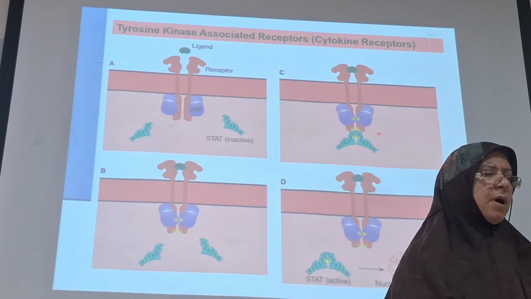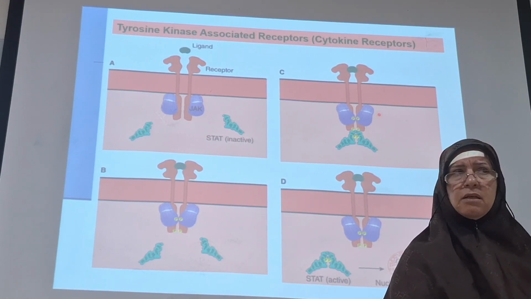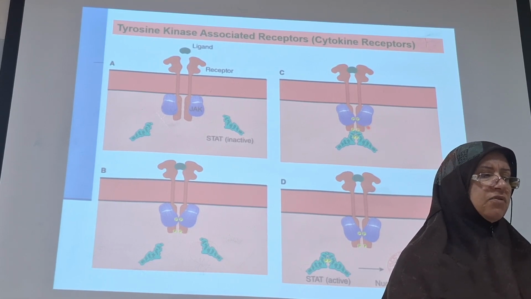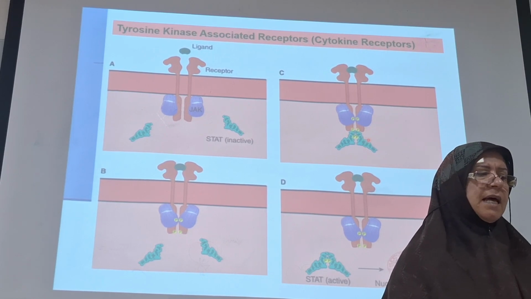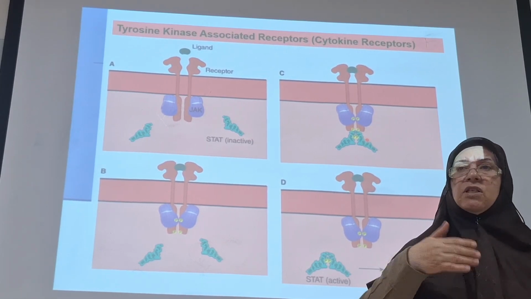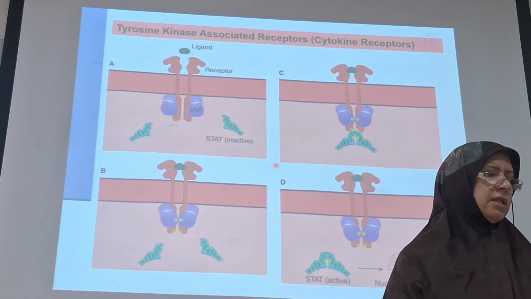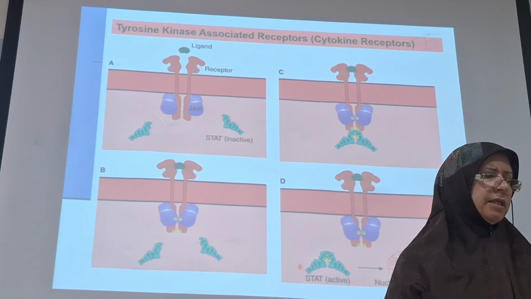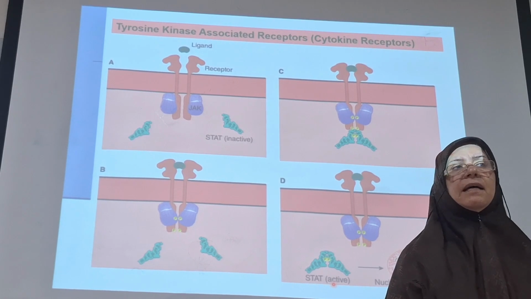When STAT binds to phosphotyrosine, JAK, a tyrosine kinase enzyme, phosphorylates tyrosine on STAT. So STAT has phosphotyrosine, dissociates from the receptors and binds to each other, and this is the active form of STAT.